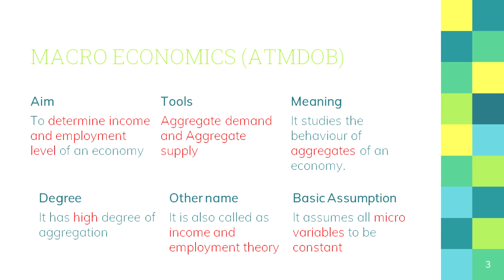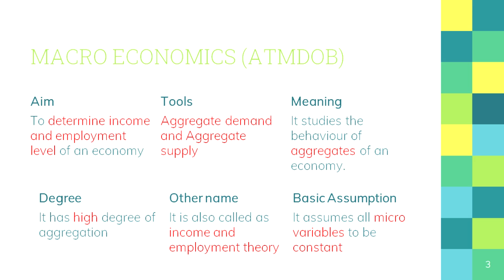Now macroeconomics. The word macro stands for aggregate. Aggregate means total. The letter A in macro stands for aggregate. Aggregate means it is the total of anything. Now the basic aim of macroeconomics is to determine the income and employment level of an economy.